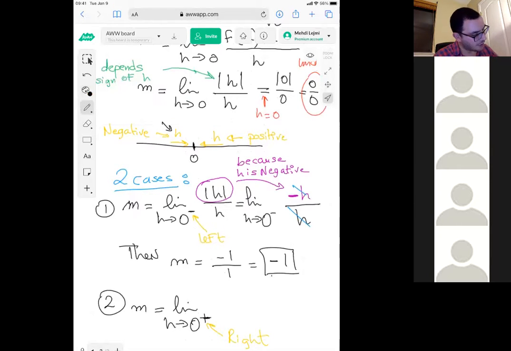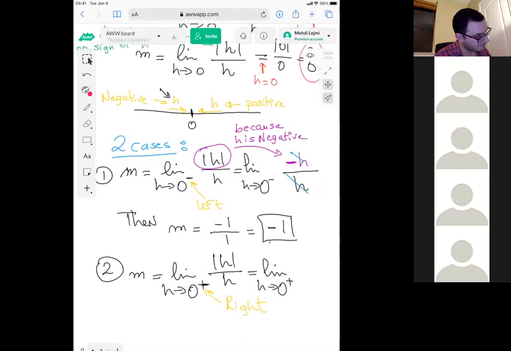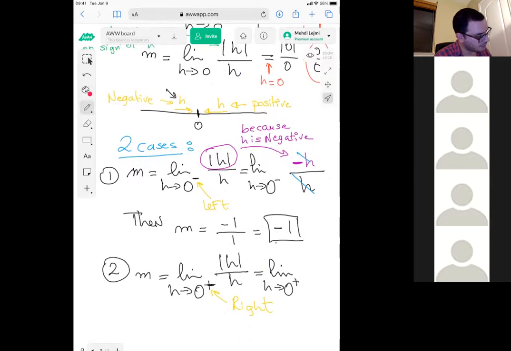And if h is positive, here we have the absolute value of h over h. So this will be equal to the limit as h goes to 0 plus. Then this absolute value of h, because h is positive, would be plus h.